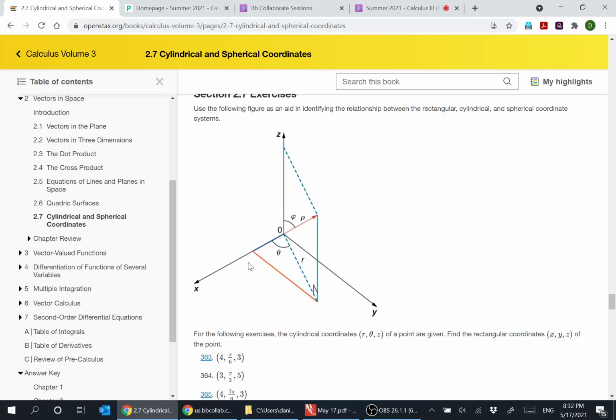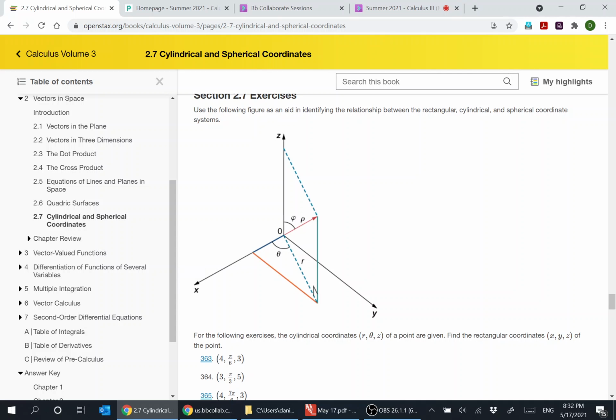So this is the picture. Well, use the following figure as an aid in identifying the relationship between rectangular, spherical, and oh, they're trying to do all of them in one picture. I'm not quite too keen on that.